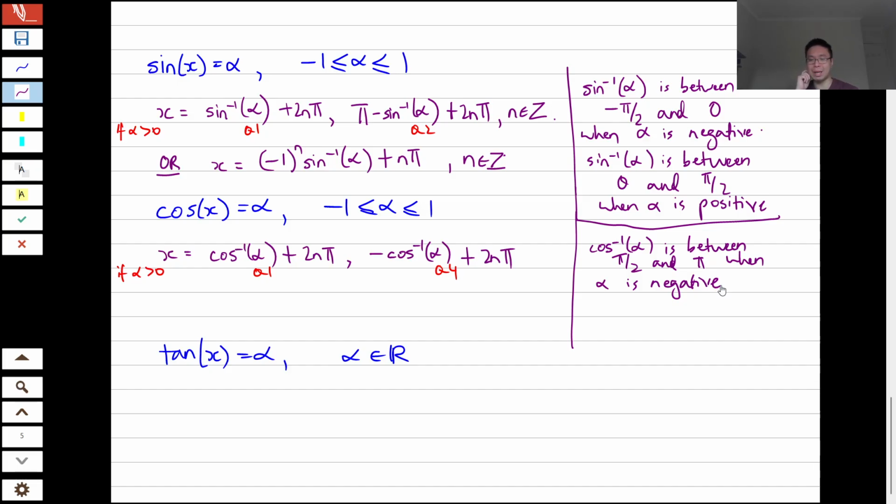If you take specialist maths or first year university maths, you'll learn why that is. It's just something that we all sort of agree on as mathematicians. And inverse cosine is between 0 and pi on 2 when alpha is positive.